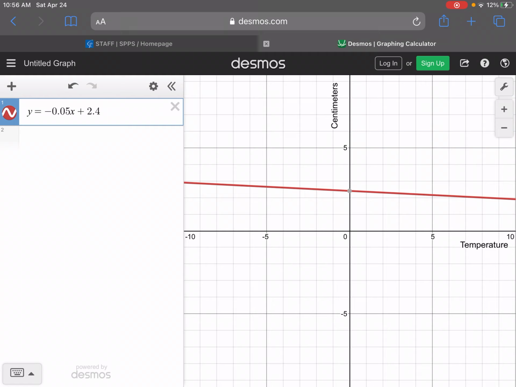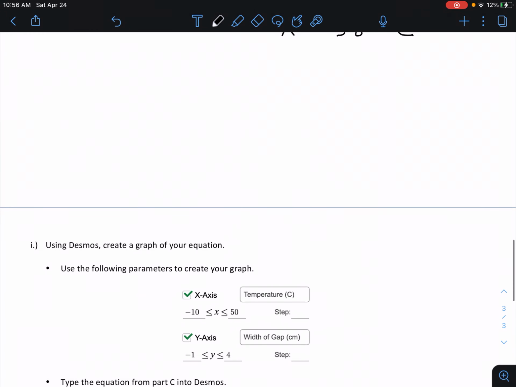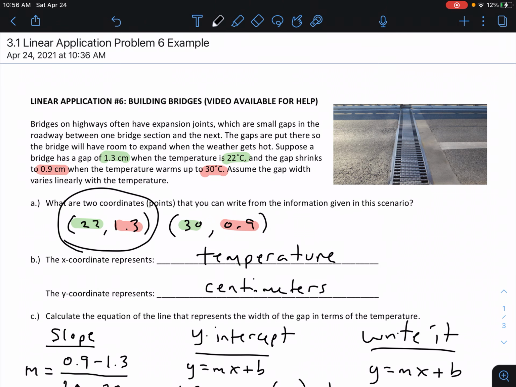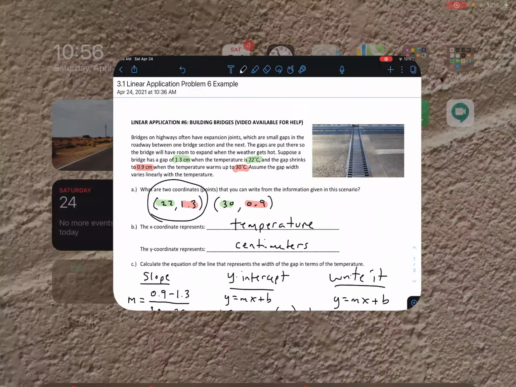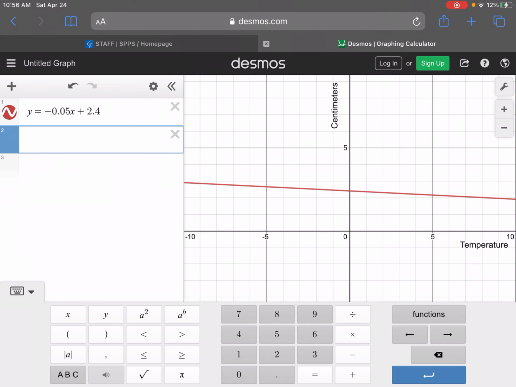Okay, and then I've forgotten what the points are, so I need to go back to Notability and go back up to the top and say, okay, it's 2.2 and 1.3 and 30 and 0.9. All right, see if I can remember that. 2.2, comma, 1.3. Label it. Uh-oh.